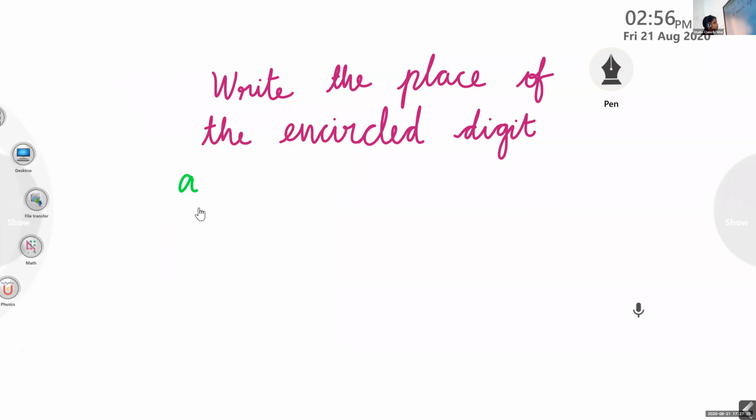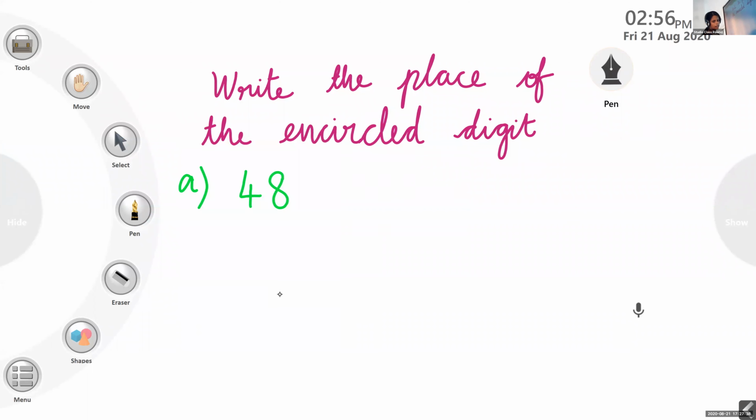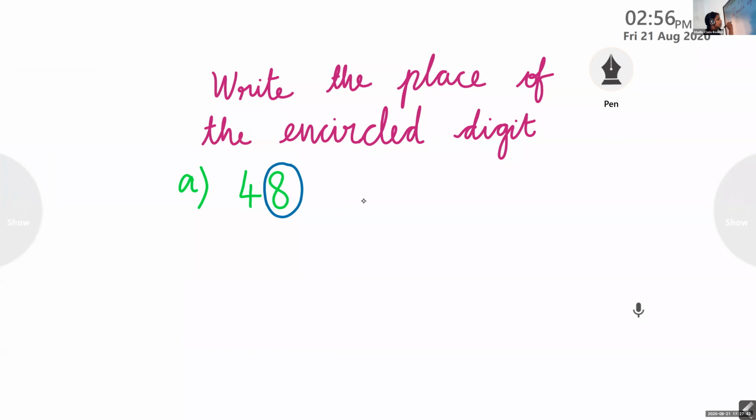You can put A. The first number is 48. And the circled digit is 8. Aman, what is the place of the encircled digit in the number 48? What is the place of 8?